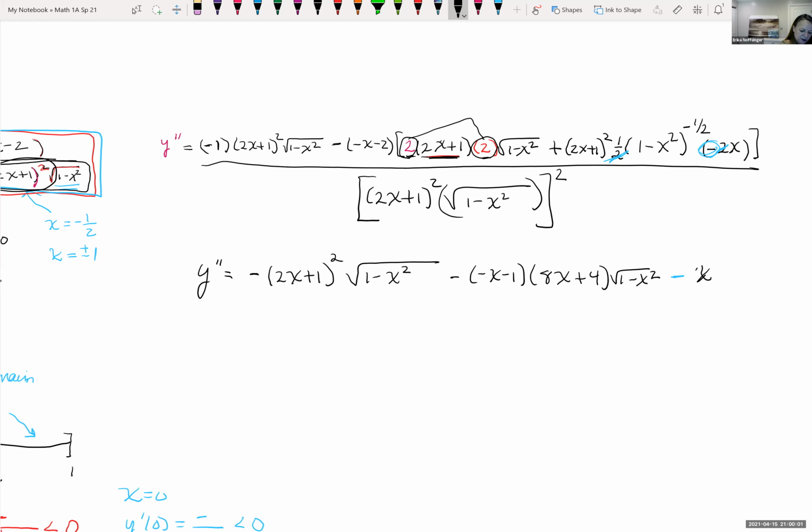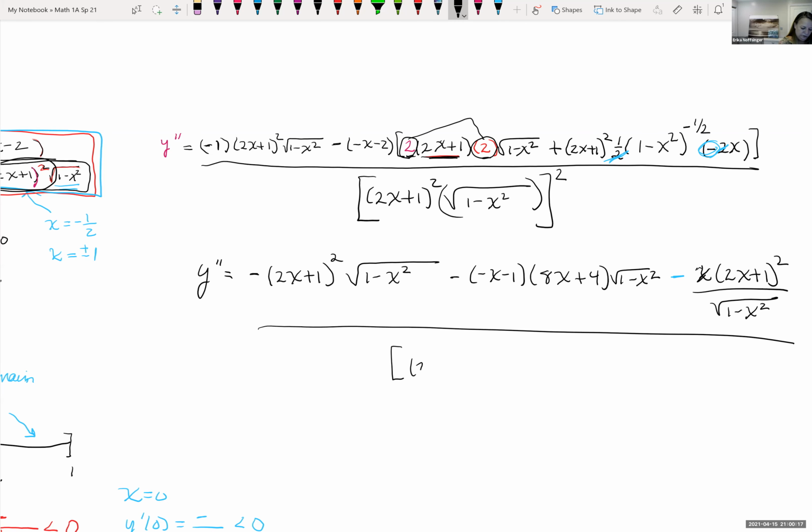We have this 2x plus 1 quantity squared all over the square root of 1 minus x squared. If I square this piece, this gives me a 4th power. And I can do this because it's strictly multiplication in between. And if I square the square root, that's going to give me a 1 minus x squared.